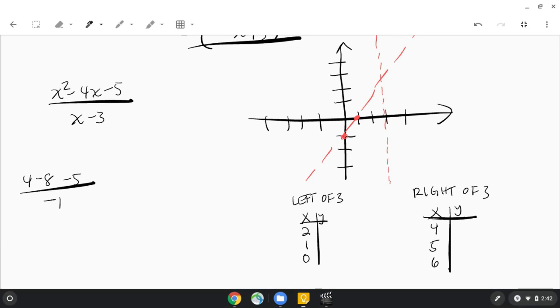So then this gives me -9 over 1, so that's -9.